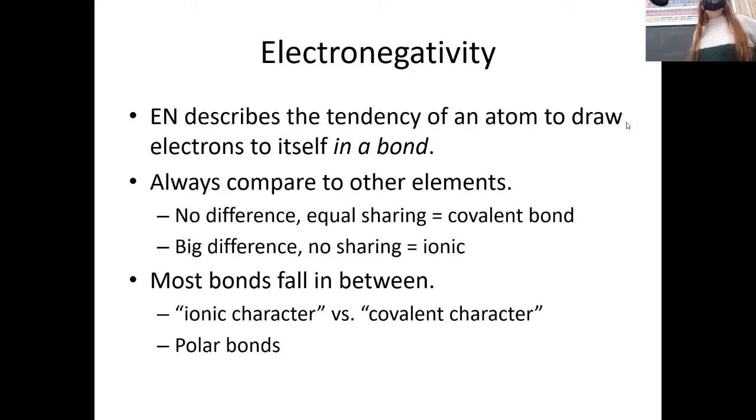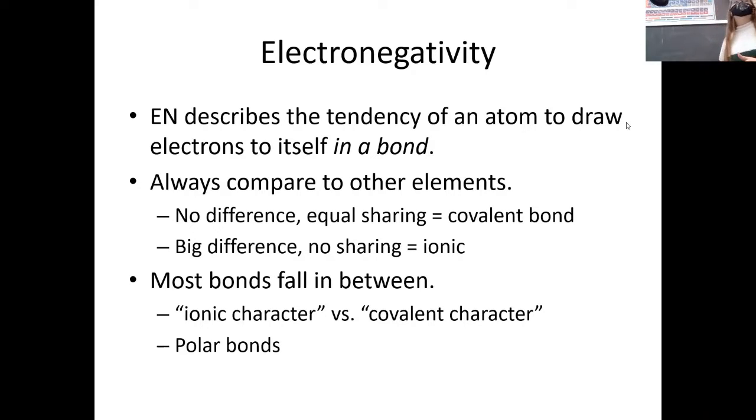Because with electronegativity, we're talking about the sharing in a covalent bond, we're usually comparing the electronegativity of one atom to another or one element to another to know how much sharing is going on. And then if there's a really big difference in electronegativity, we call that an ionic bond.